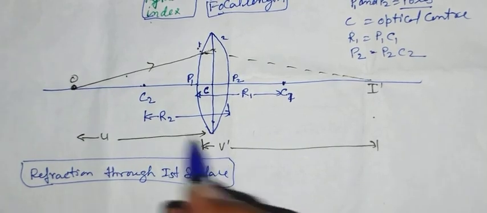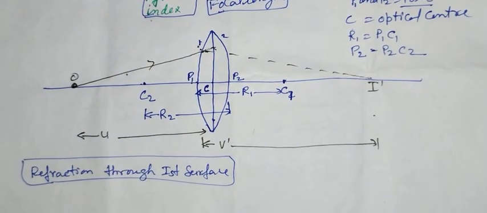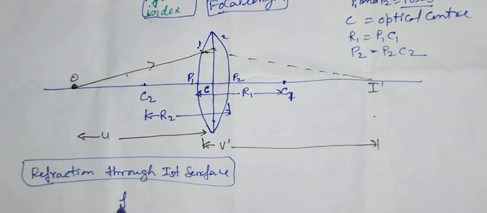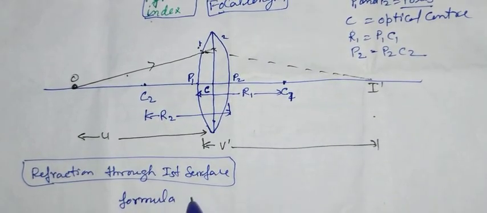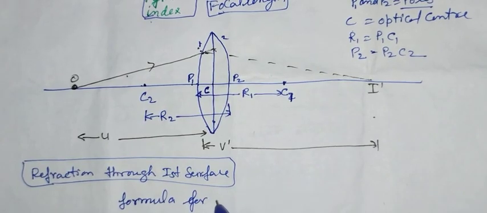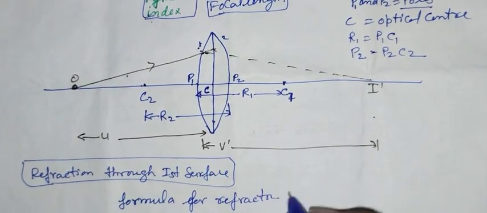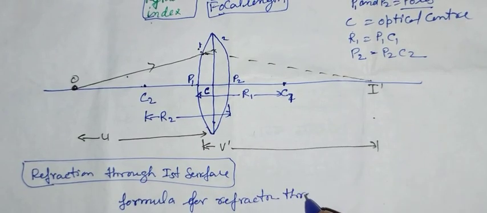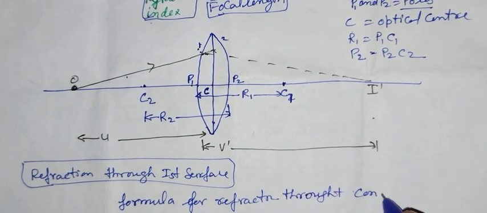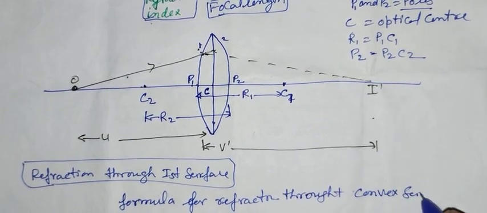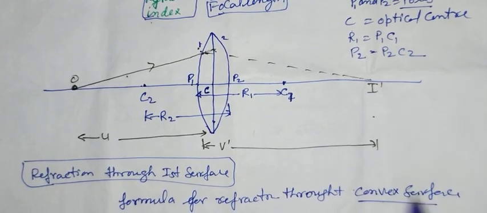Now see how these things will be settled. We know the formula for refraction through a convex surface.